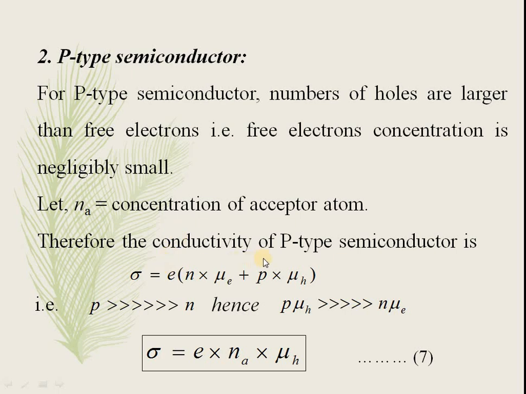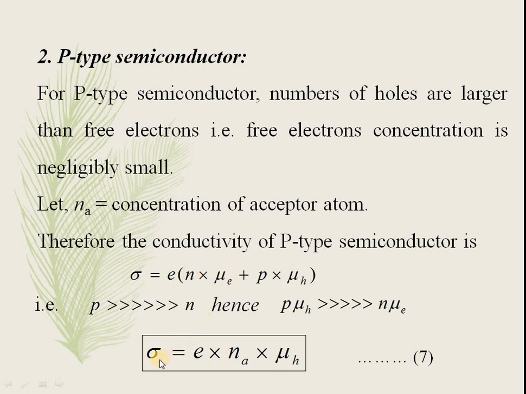Therefore the conductivity of a P-type semiconductor is sigma is equal to e into bracket n into mu e plus p into mu h. But here p is very large compared to n, that is, the number of holes is very much larger than the number of free electrons, and p into mu h is also very much larger than n into mu e. So we can neglect the first term, n into mu e, of this bracket.